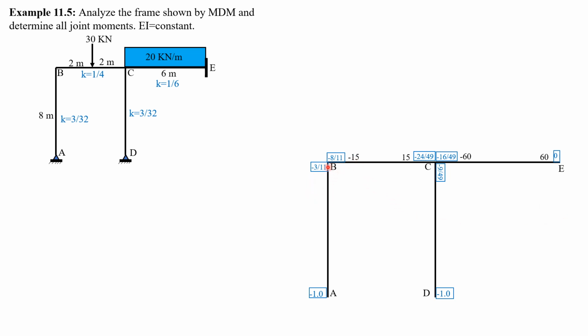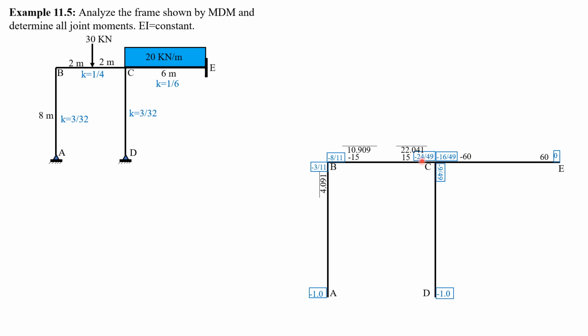Negative 15 times negative 8 over 11, it is 10.909. We lock it partially. Then negative 15 times negative 3 over 11, put the value here, 4.091, lock partially. 15 minus 60, negative 45 times negative 24 over 49, put the value here, 22.041, lock partially.